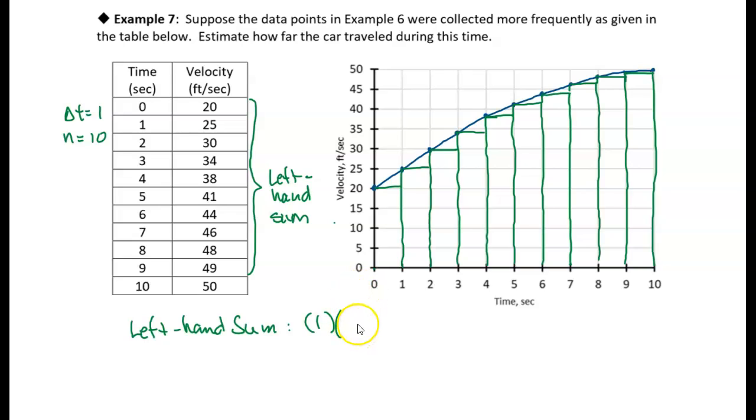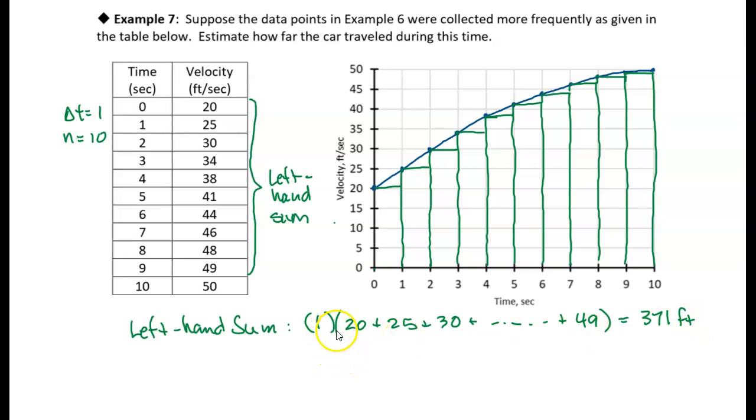So really all I need to do is just add up those data points: 20 plus 25 plus 30 and so on, all the way down to the second to the last value. 49 is going to be my last value because it's my last left-hand data point. I just add those all up and multiply by 1, and I got 371 feet.